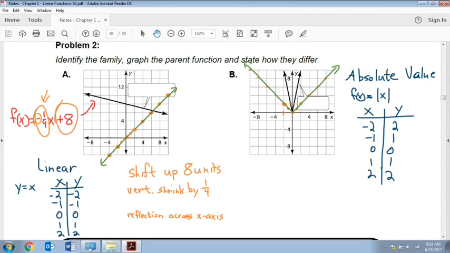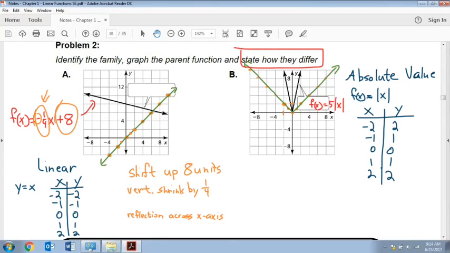All right. Now, this graph right here, I'm going to go ahead and give it to you as well. The transformation is f of x equals 5 times the absolute value of x. All right. Now, I think what they mean on this is just state how they differ, just give me an idea of what's happening.